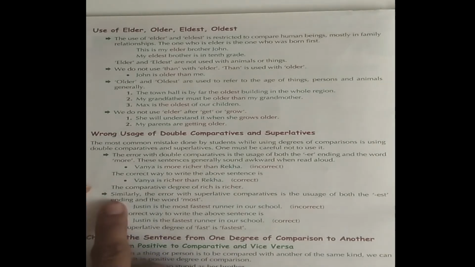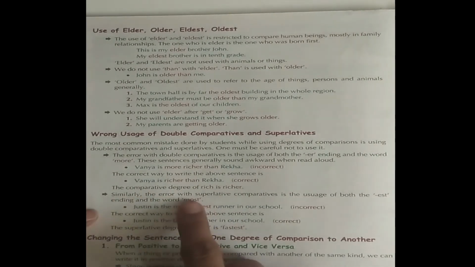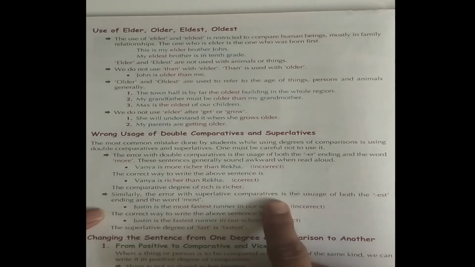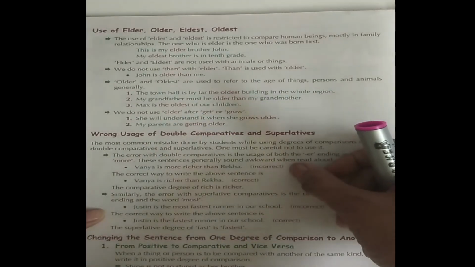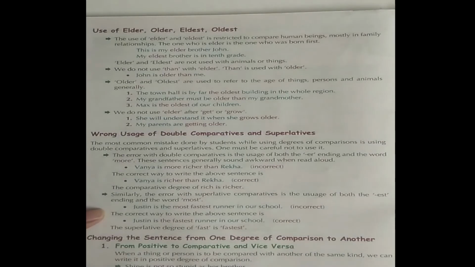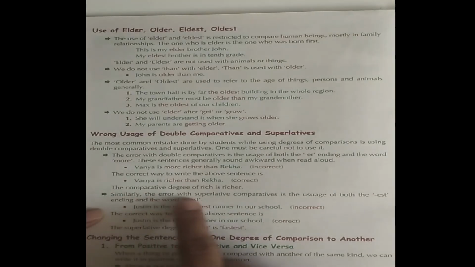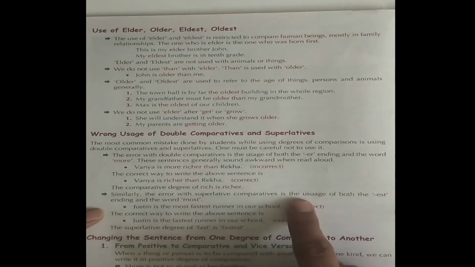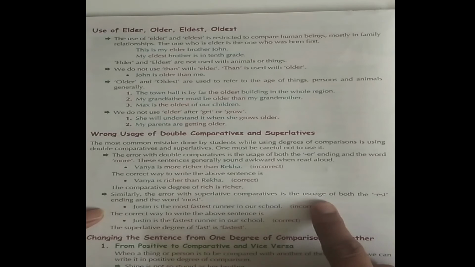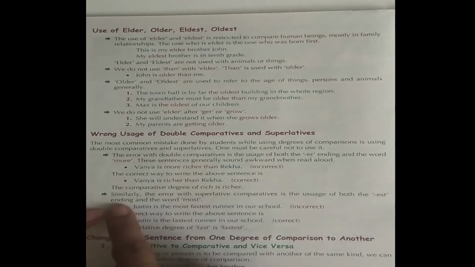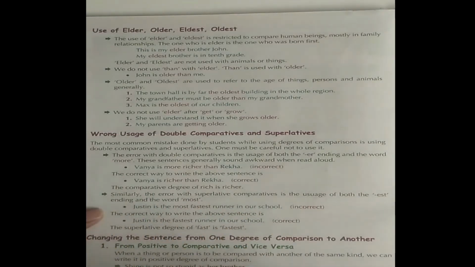Okay, and the next point is similarly the error with superlative comparatives also. The previous example was related to the comparative degree. Now the next example is about the superlative degree. Similarly, the error with the superlative is the usage of both the est ending with the word most.